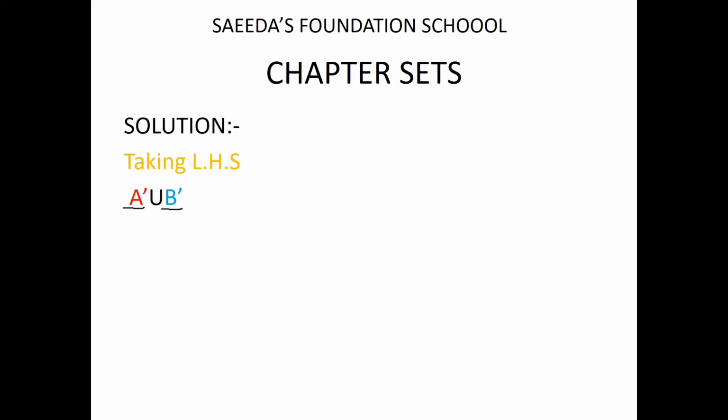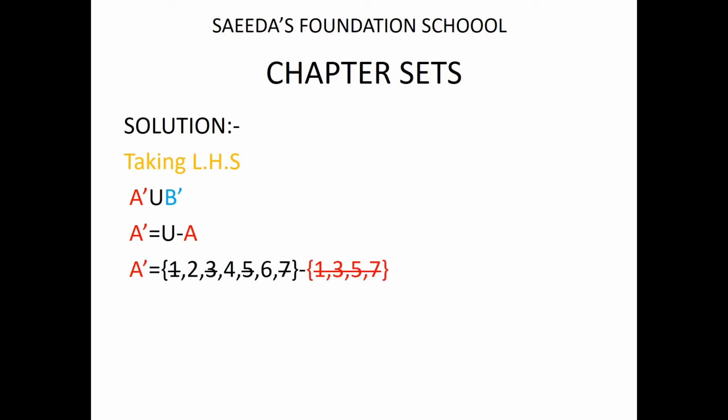And as we know that A complement is equal to U minus A, that is the universal set minus A. So A complement will be equal to, writing down the universal set first, minus 1, 3, 5, 7, that is set A. Now cancel all the elements that are in A from the set U to get your answer, that is remaining elements from set U. A complement is 2, 4, 6.